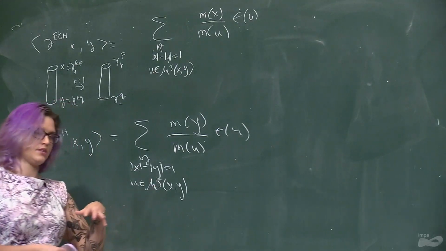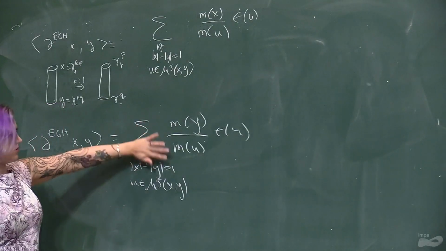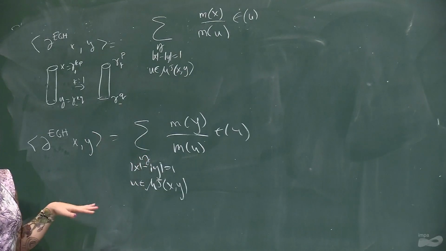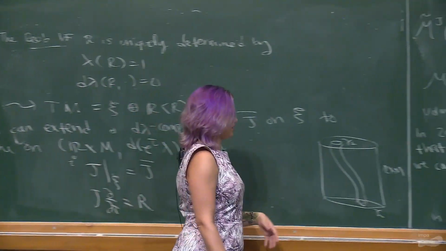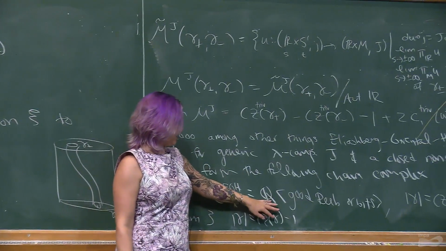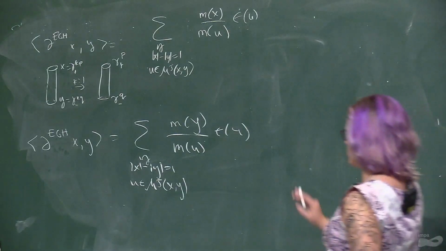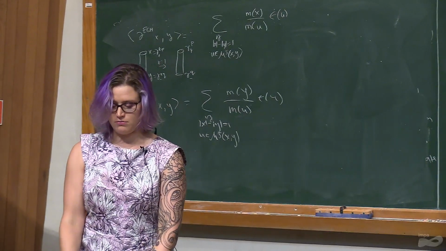And in order to get the chain maps and the chain homotopy to work, you have to be able to divide and multiply by multiplicities of cylinders and orbits. That's part of the reason why we want this chain complex to be generated over Q. So there are many weird things with this theory, which are not so satisfying.